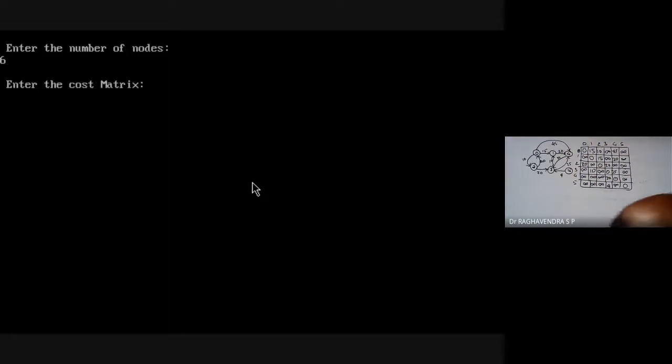The matrix I have to enter: 0, 15, 10, infinity, 45, infinity. Then infinity, 0, 15, infinity, 20, infinity.